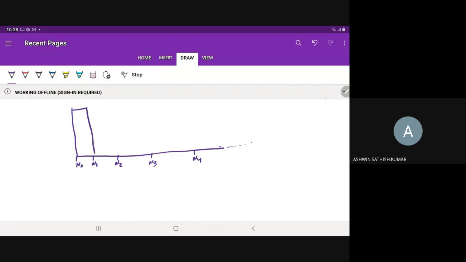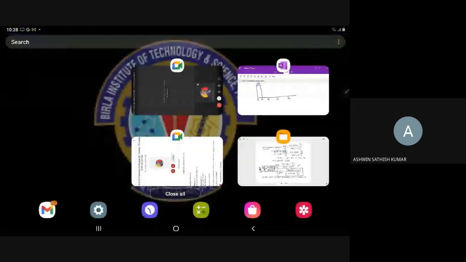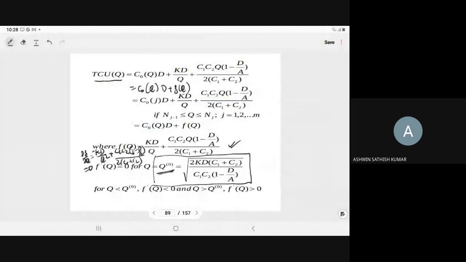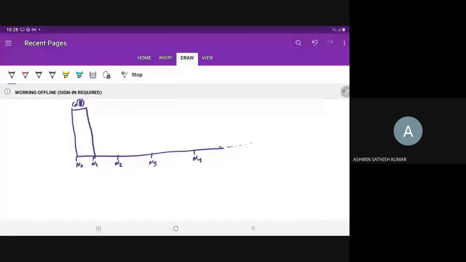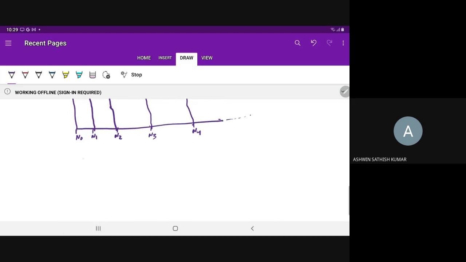This is the graph of the C naught 1 or C naught 0, C naught 2, C naught 3, C naught 4, and C naught 5, and so on. So this will continue.